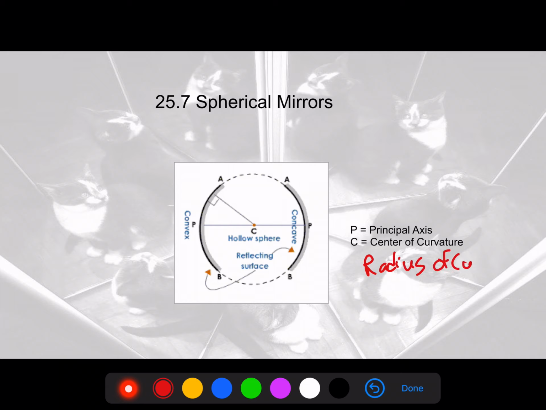As the name implies, this would be the distance, the radius of this sphere, from the center of curvature out to the end. And by the way, if I center each of these spherical mirror portions, then draw a line, a diameter through this sphere, this is what I would call the principal axis.